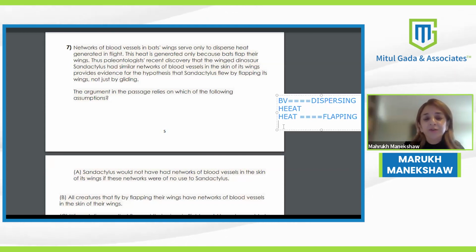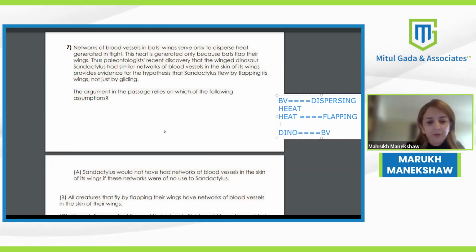The evidence here is provided in the first half of the sentence as it continues for the hypothesis. The hypothesis or the conclusion follows. What is that premise? We found that the winged dinosaurs and Syndactylus had similar networks of blood vessels. So this is what is being said here. Okay, the winged dino has a network of blood vessels.